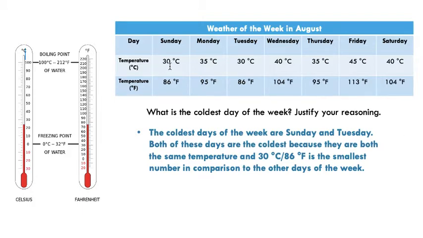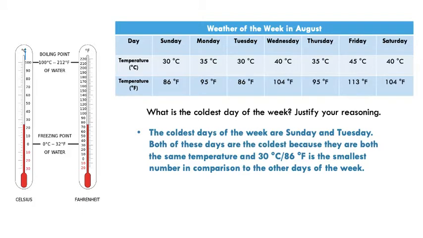So if we look at our degrees Celsius, we have 30, 35, 30, 40, 35, 45, and 40. The lowest one is 30 degrees Celsius. And we see 30 degrees come up twice, so there are 2 days that have the exact same temperature and they're the lowest temperature of the week.